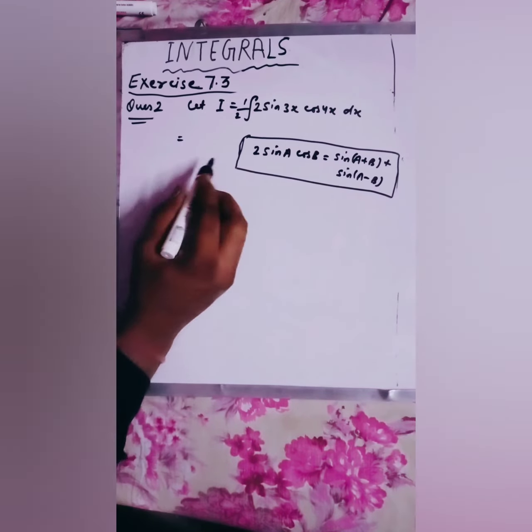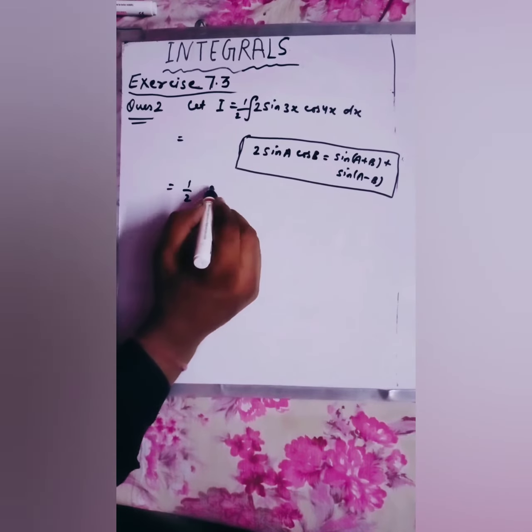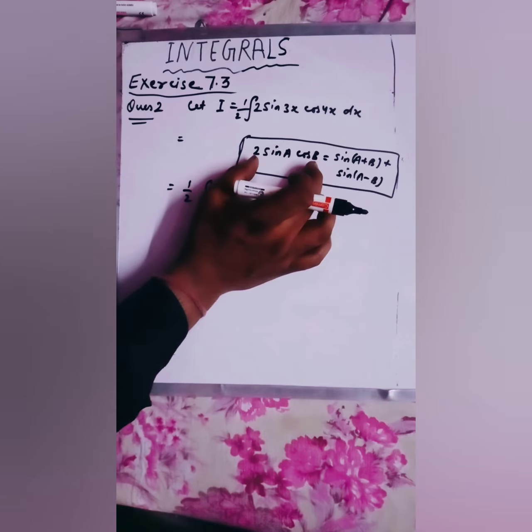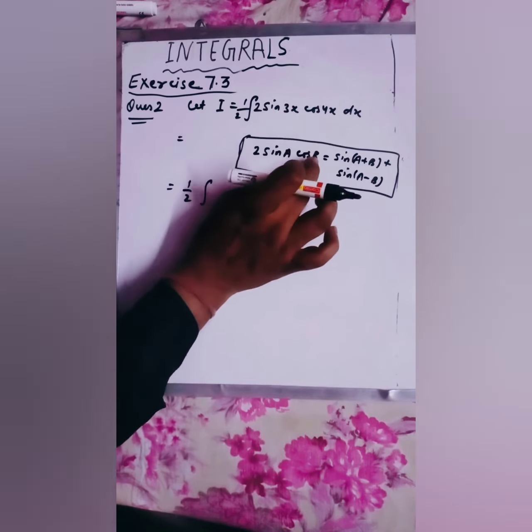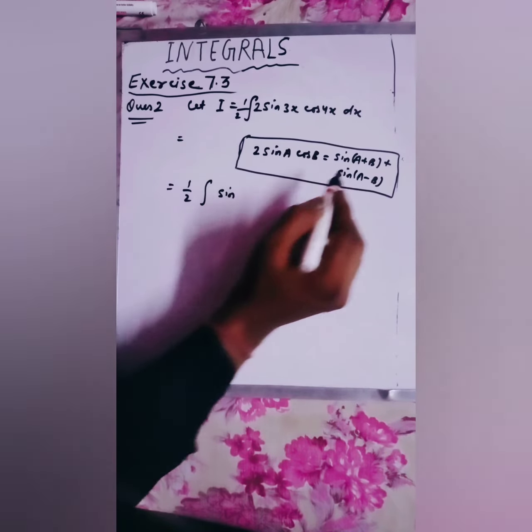So half will come outside, integral sign, and you have to match this side with this side. Here your A will be 3x, your B will be 4x. So you will write sine (A plus B).